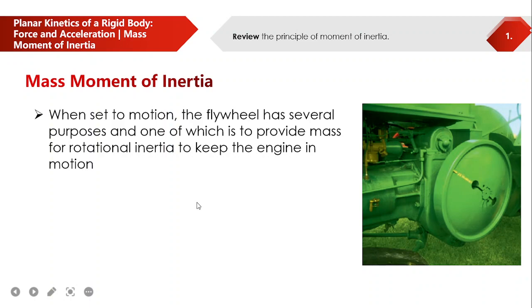So once a starting movement is applied, the flywheel continues to rotate, speeding up so that it keeps a rotational motion to provide power to the tractor.